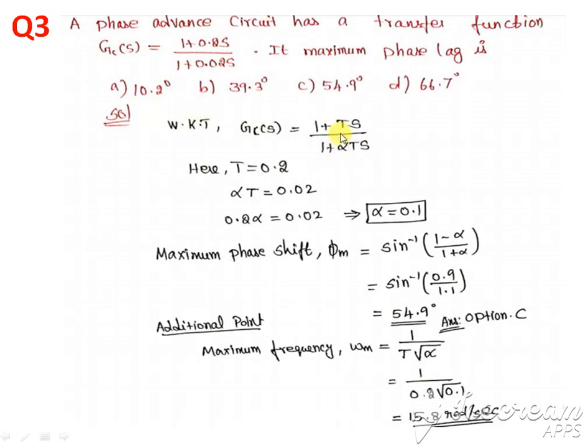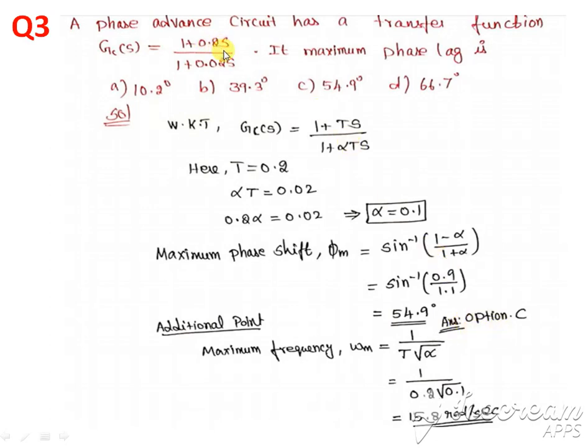Just compare this function with the given function. We can get T is equal to 0.2, alpha T is equal to 0.02. From that we can find the alpha value. Already we know the formula for maximum phase shift: phi m is equal to sine inverse of 1 minus alpha divided by 1 plus alpha. While substituting this, we can get the answer 54.9. The correct option is option C.